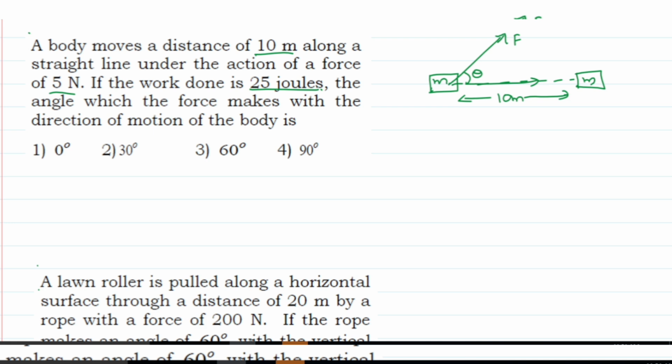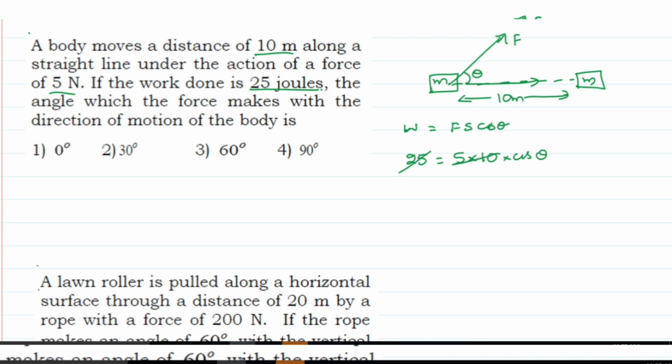Work done by the force will be W equal to Fs cos theta. Already the work done is given as 25 joules. The force applied on the body is 5 newtons. Displacement of the body is 10, and here you take cos theta.